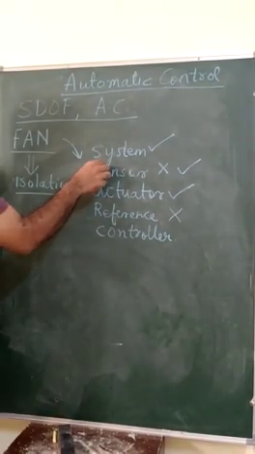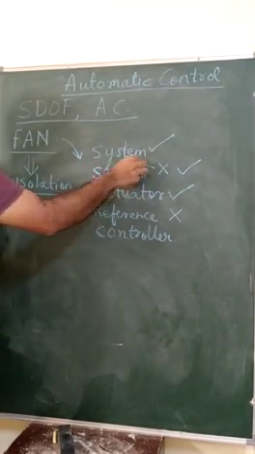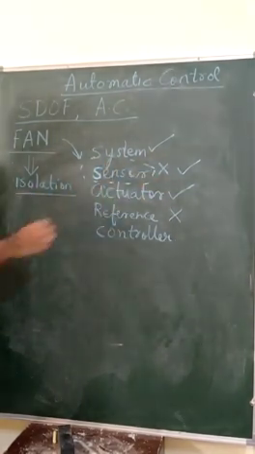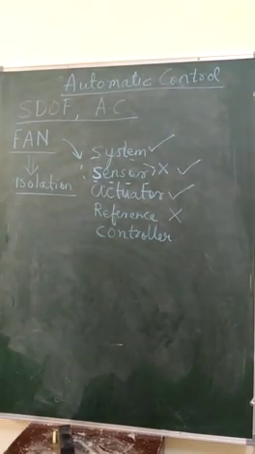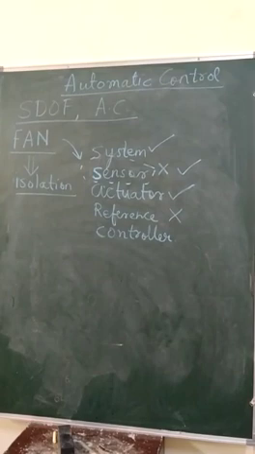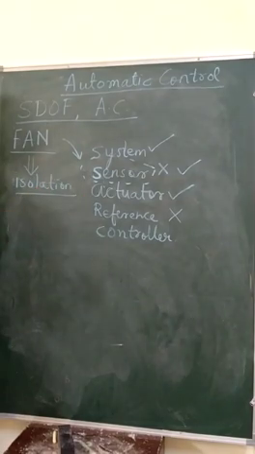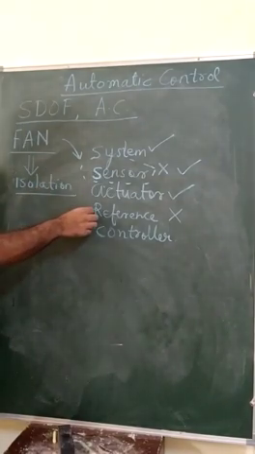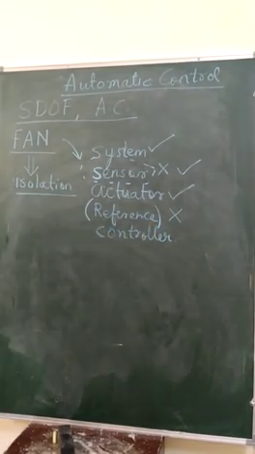The main component, sensor, is absent. There is no sensor in the system. When there is no sensor, you are not sensing the control variable throughout the process. When you are not sensing the control variable, the question of comparing it with the reference does not arise.